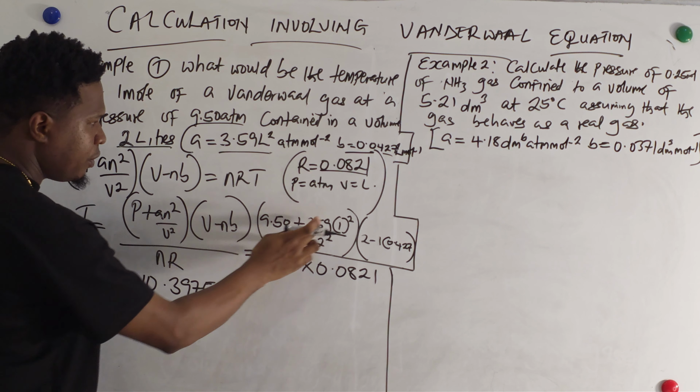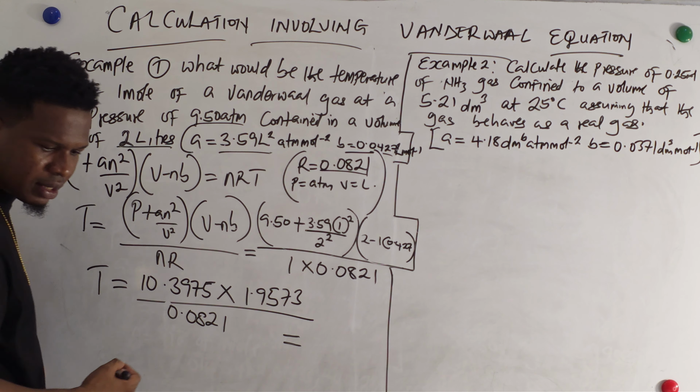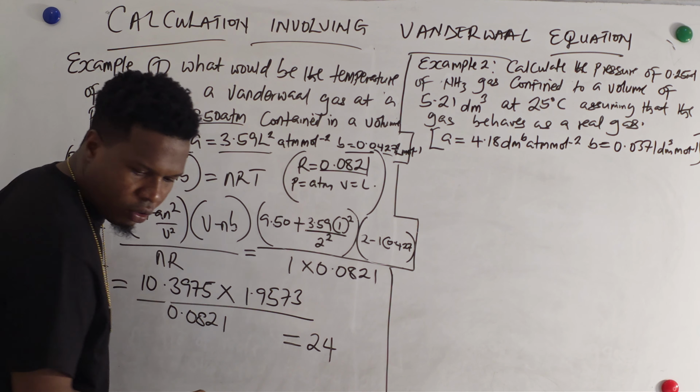Multiply by everything here, which gives us 1.9573, all over 1 times R, which is still 0.0821. When you punch this expression, what you're going to get is 248 Kelvin. So this is the answer in Kelvin. This is the temperature for this particular question. We are looking for temperature.